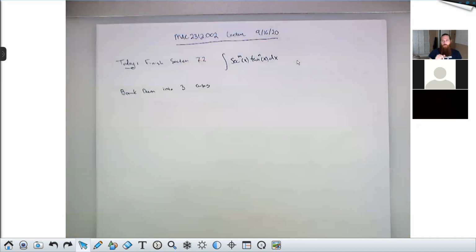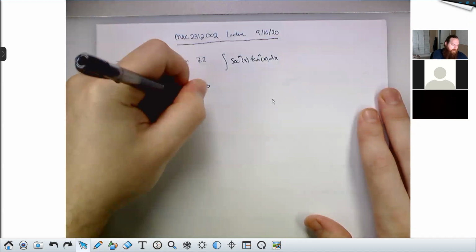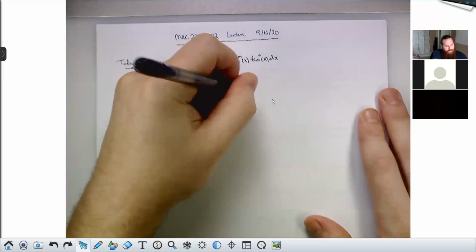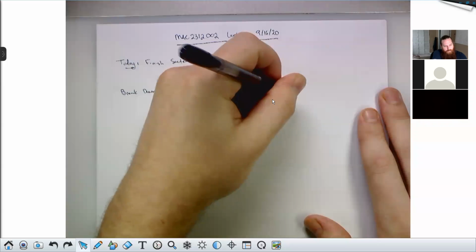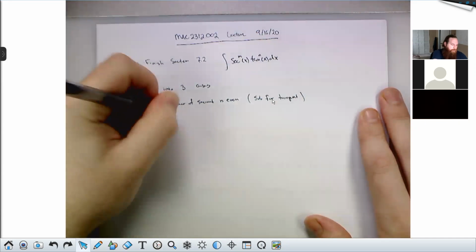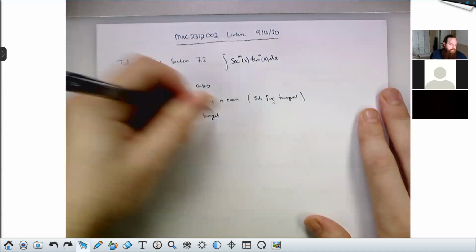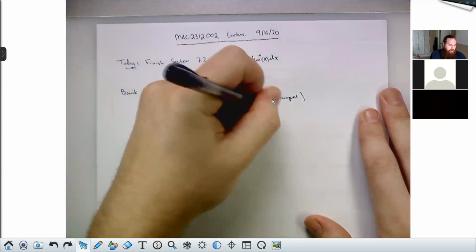Just like the sine cosine integrals, where we considered two cases, where one of the powers is odd or neither power is odd, here the three cases are going to be: the power of secant is even, and in these, we're going to want to try to sub for tangent. We'll consider the case where the power of tangent is odd, and in these, we're going to try to sub for secant.